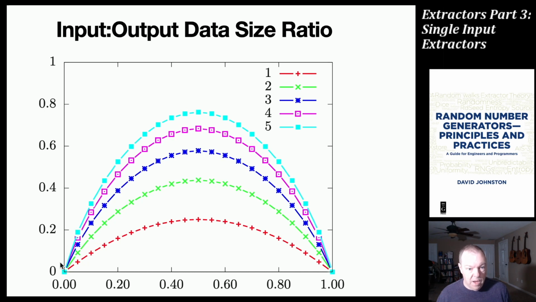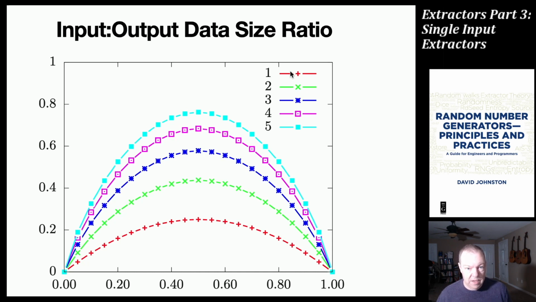And what we see is the amount of data you get out of this algorithm if you have all zeros, all ones, is nothing. The y-axis is the amount of data, or the ratio of the data out to the data in we got.